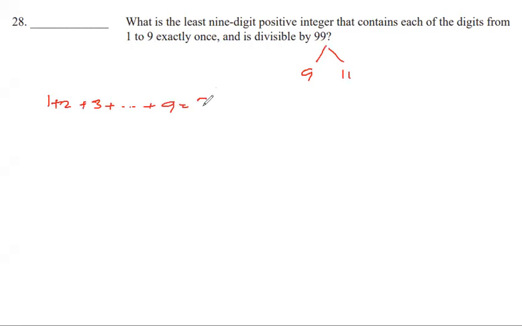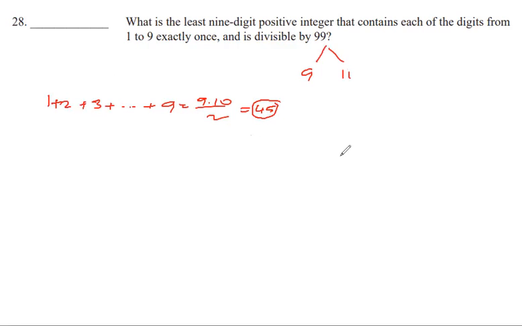And if you add these, 9 times 10 over 2, which is 45. So the sum of the digits is actually 45, which means that's already divisible by 9 for sure, regardless of what order you write those. And we just need to satisfy the 11. The rule for 11 is that when you take the positive difference between the alternating digit sums, that should be a multiple of 11.